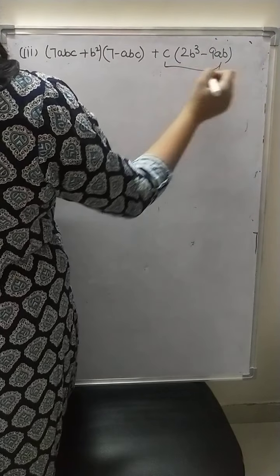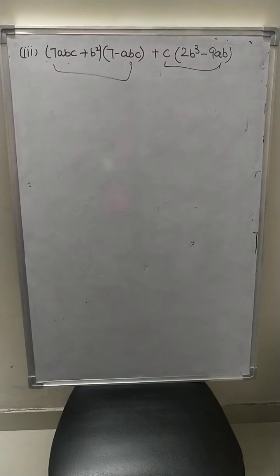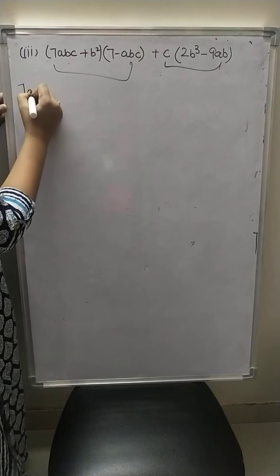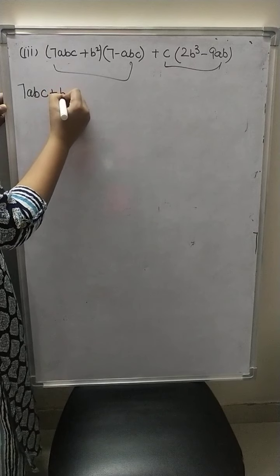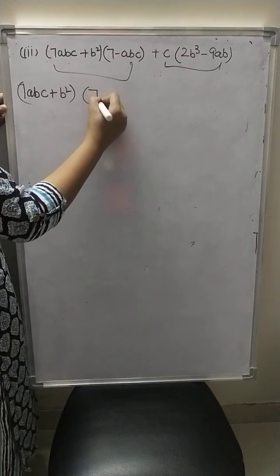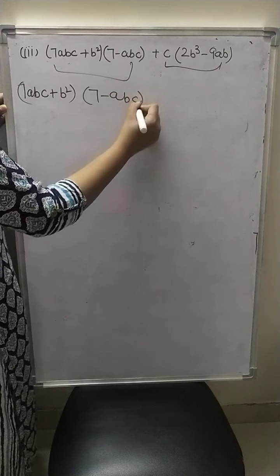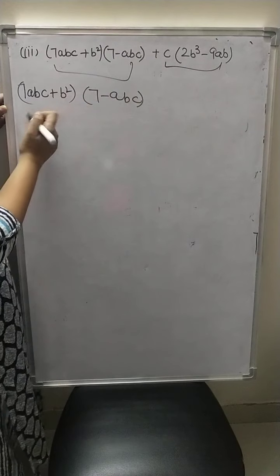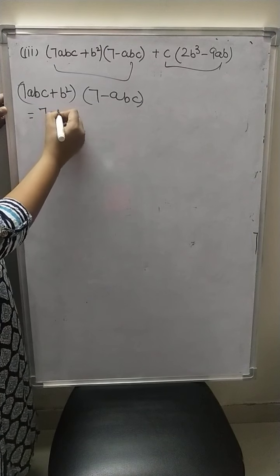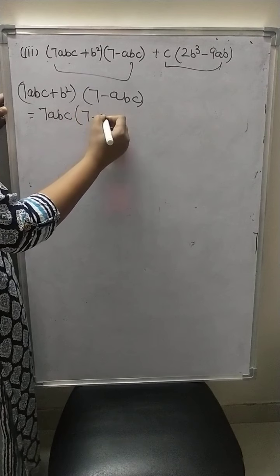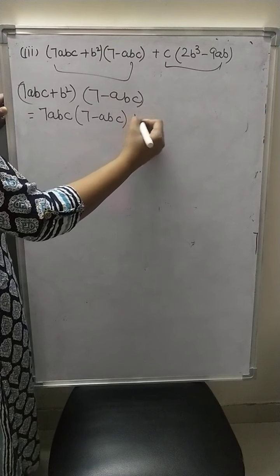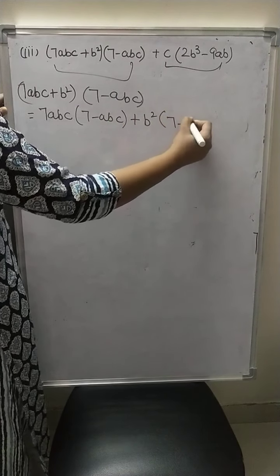Right now we will keep these two terms separate and we'll be solving them separately. So firstly I'll solve (7abc + b square) into (7 - abc). Whatever answer comes, we will get an answer from here too, and add both. So here it is 7abc into (7 - abc) plus b square into (7 - abc).